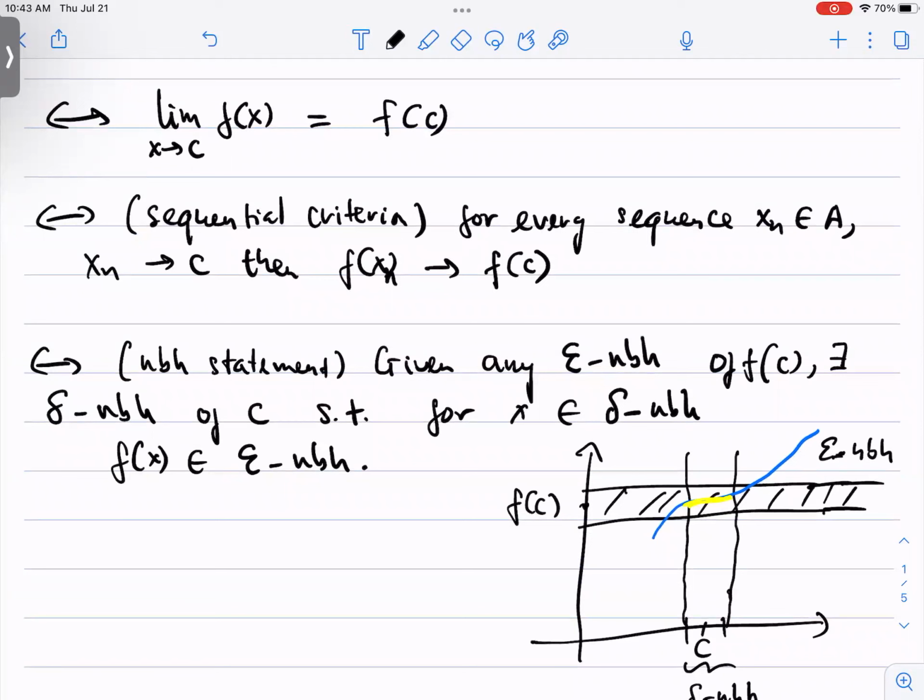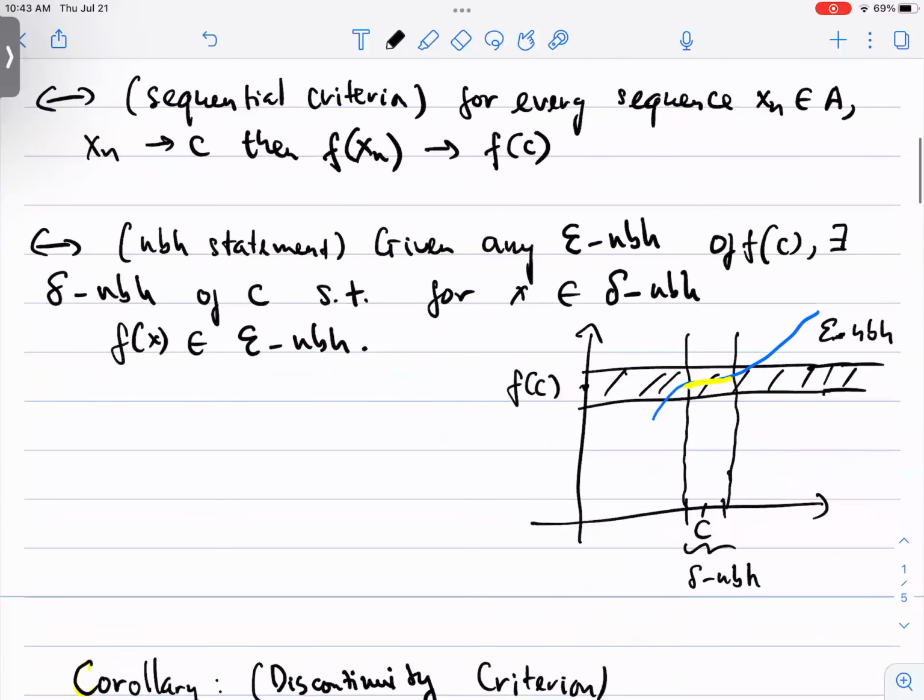Equivalently, we have a sequential criterion: for every sequence Sn in A, Sn approaching c, then f(Sn) approaching f(c).